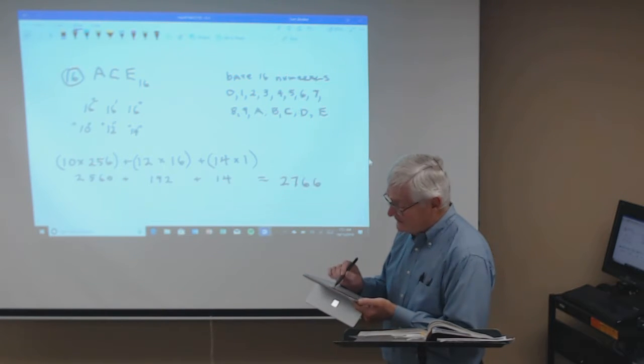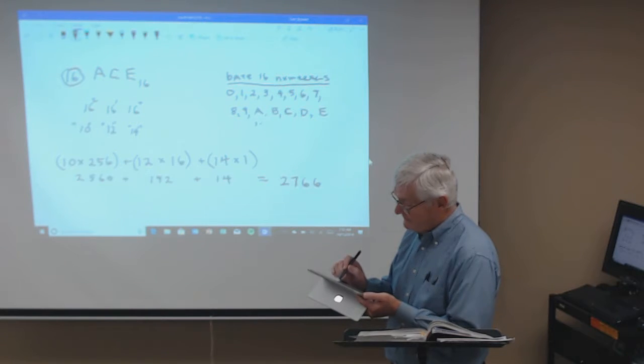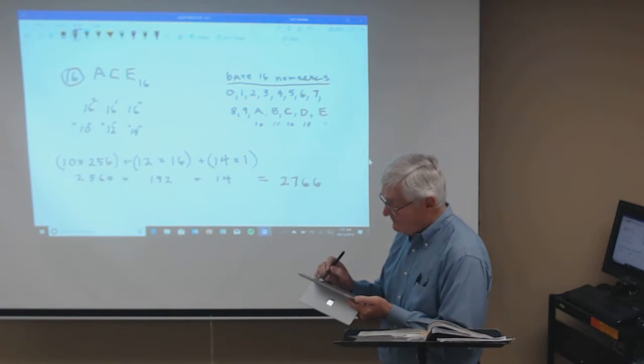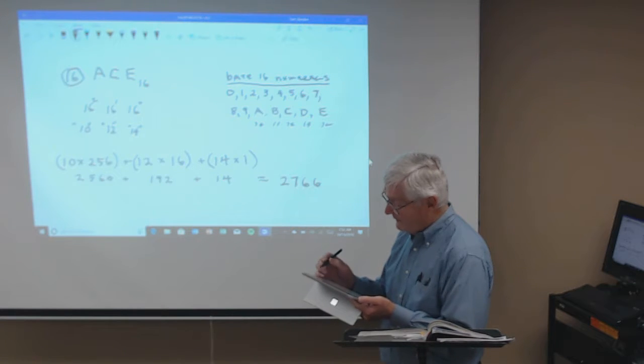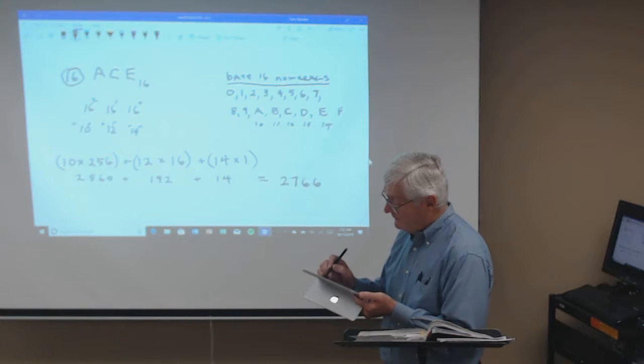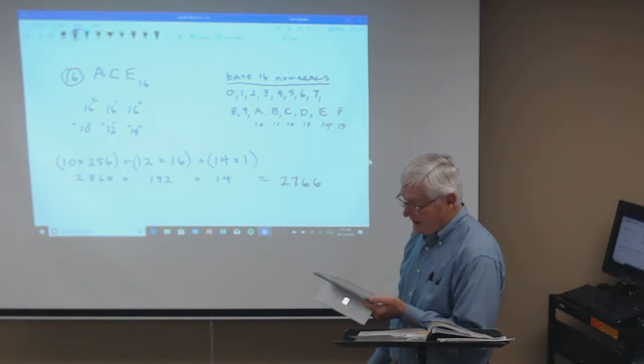And here are the base 16 numerals: 0, 1, 2, 3, 4, 5, 6, 7, 8, 9, 10, 11, 12, 13, 14. Oh, I left one off. How come I did that? I don't know. F is 15. A, B, C, D, E, F.